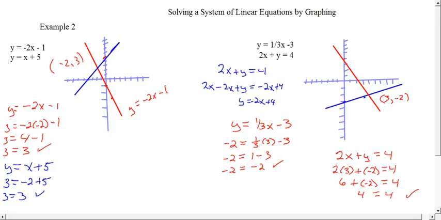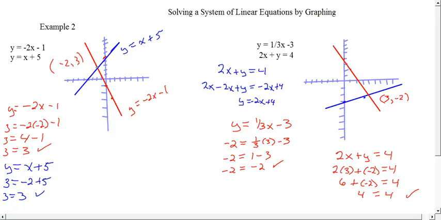Okay, so our second equation gives us the line y is equal to x plus 5. In this one we see that the y-intercept is 5, so we're going to go up 1, 2, 3, 4, 5, and then we notice that there's a 1 in front of our variable here, and so we will go up 1 over 1 to take our second point, and then just connect our line.